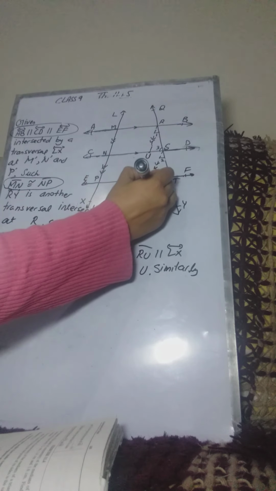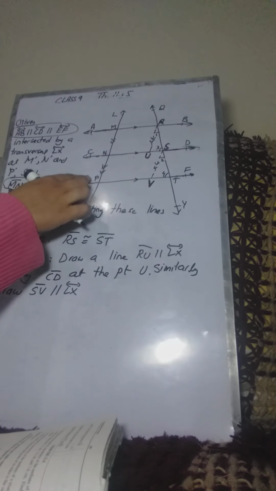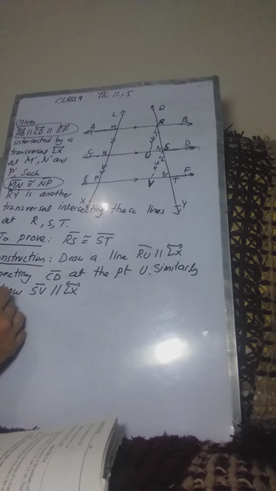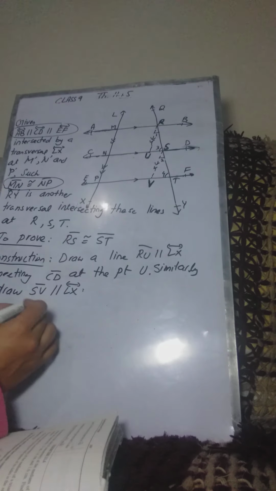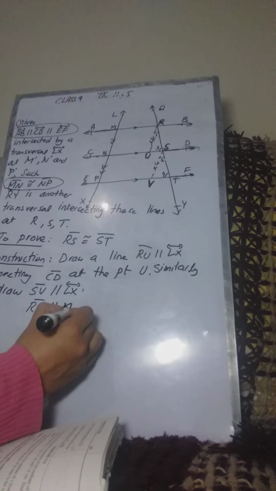The lines SV and RU, as they are parallel to LX, then RU will be parallel to MN also, and SV will be parallel to NP, because they are segments of the same transversal. So from construction, we can say that RU is parallel to MN, and SV is parallel to NP.